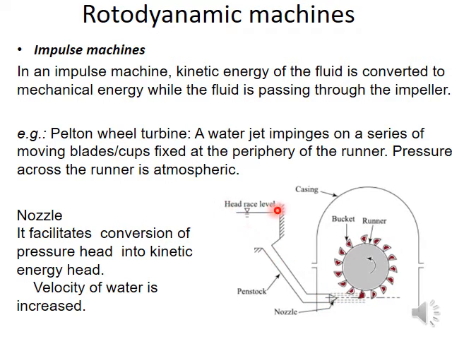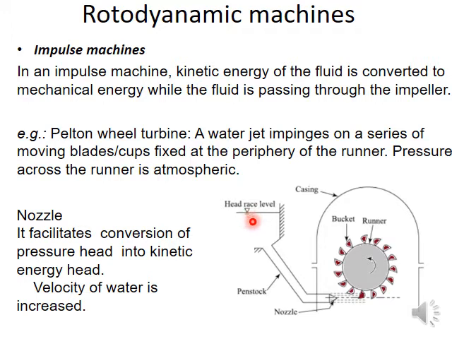Now here is the reservoir, where water is at a high elevation, and water is brought down to a low elevation here through a penstock, usually a steel pipe, and there is a nozzle here. So the total head, or the energy per unit weight of fluid, here is potential energy.